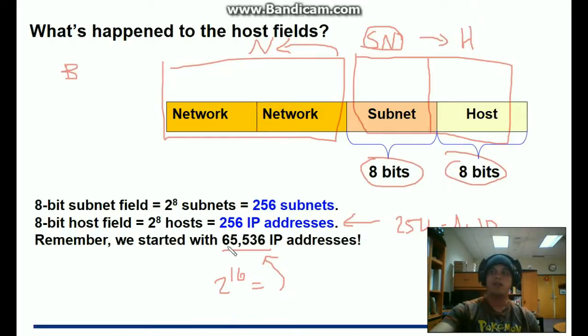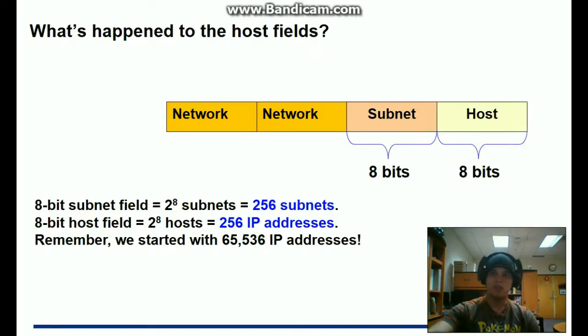So that means we would have had one network that had 65,000 IP addresses in this broadcast domain. That is just too much to handle. So we just break it down into smaller networks, 256 subnets, and 256 IP addresses per subnet. All right? Good.